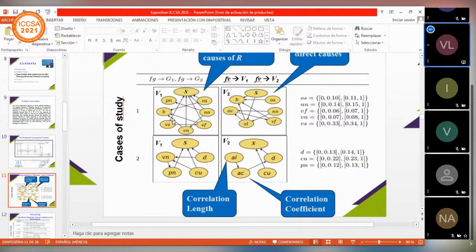The function FG performs the process of learning a causal structure. We use the PC algorithm with a confidence level of 95% in case studies 1 and 2, and we use the inference software Hugin.